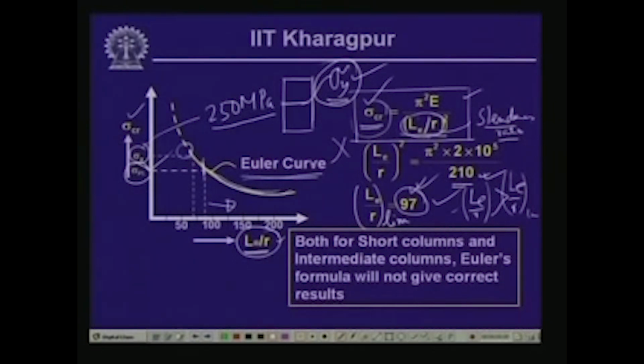So, you see that we are clearly getting two areas. One is beyond the limiting L E by R, the slenderness ratio, where we can go for Euler's critical buckling load formula, based on which we can compute the critical load in the member.